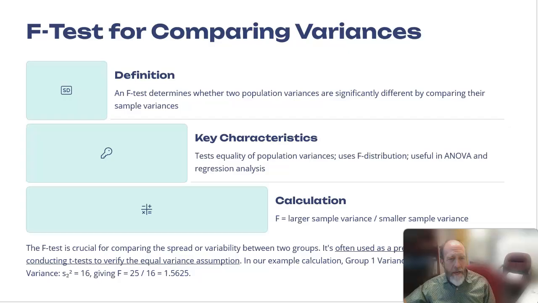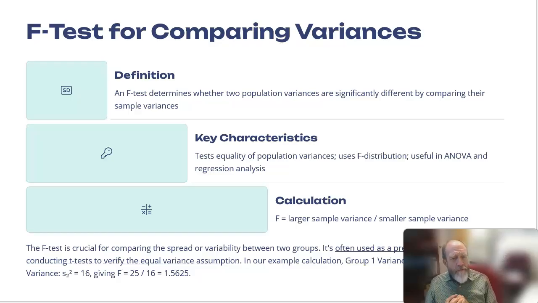Now, here we're going to go a little bit further with the good old F-test. The F-test is good for comparing variances. Remember, in this case we're not comparing means, we're comparing the variances. One of the things that the F-test is used for a lot when you're looking at multiple samples is a preliminary test.